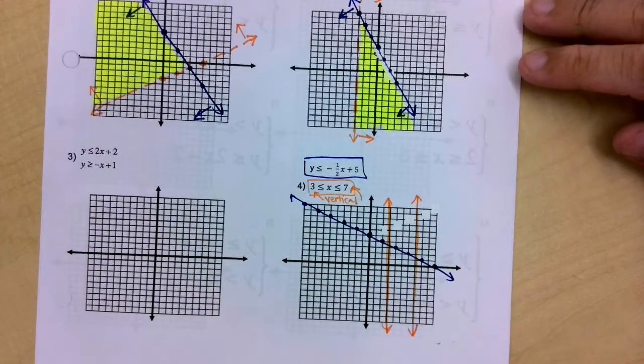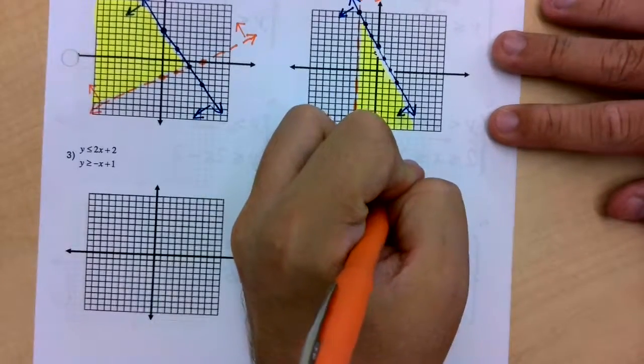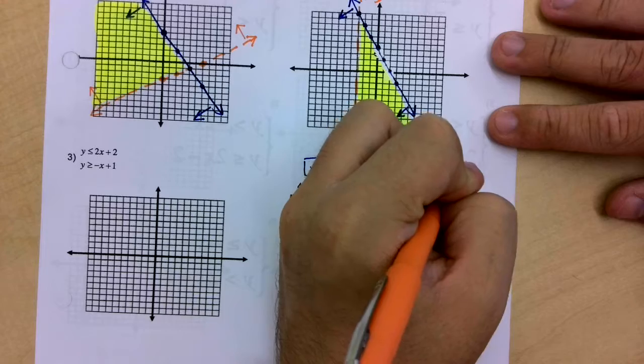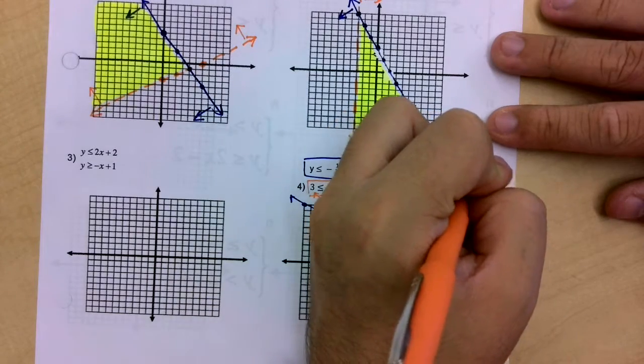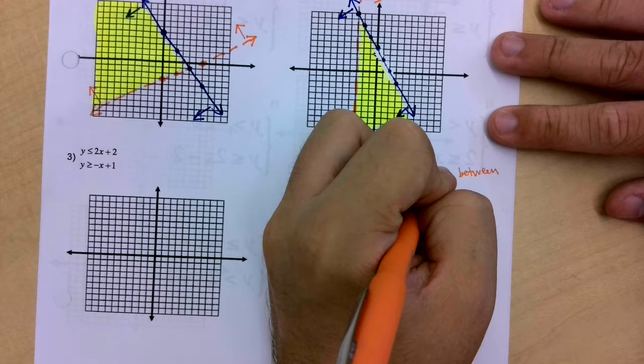And when I am looking at something like this, we could say that x is trapped between 3 and 7, meaning it's stuck between here.